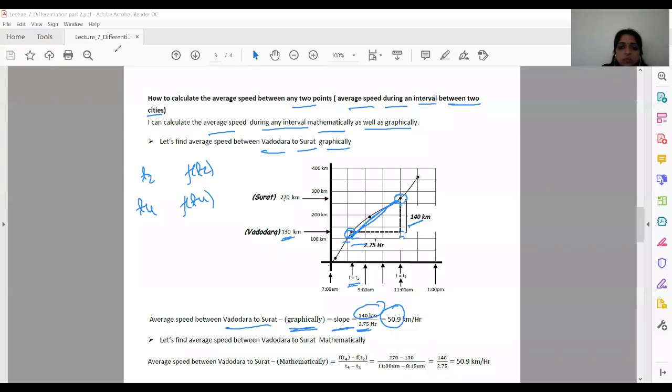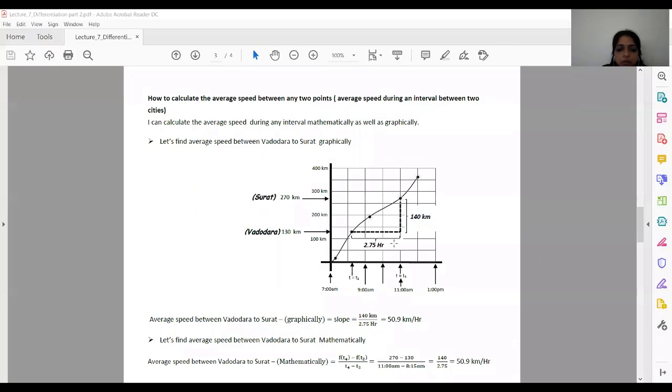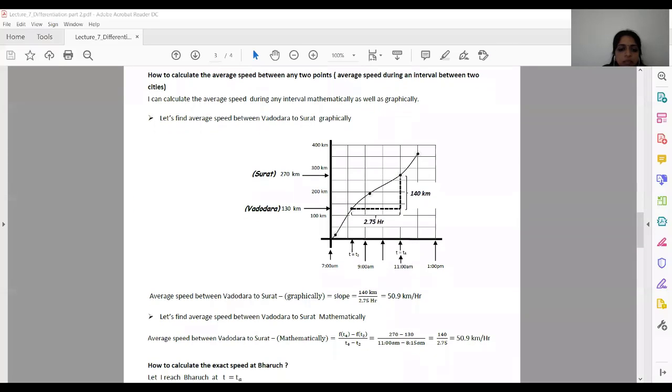Okay. Now, the same thing, if we want to find mathematically, let's find the average speed between Vadodara to Surat mathematically. As I told you, this point indicates T4, f of T4, and this point indicates T2, f of T2.